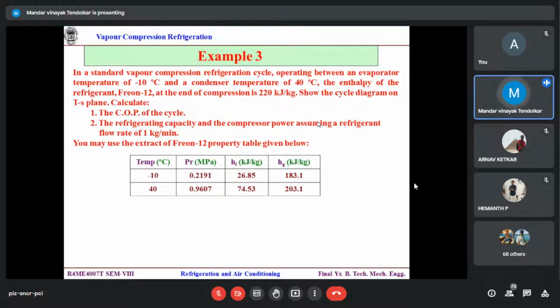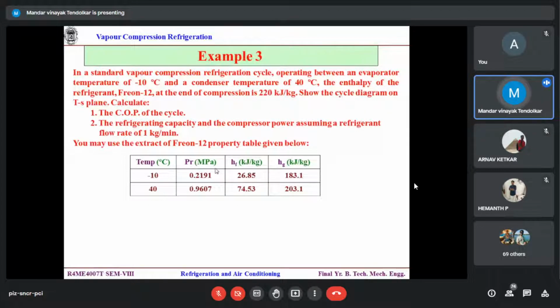Enthalpy of the refrigerant F12 at the end of the compression is 220. Okay, directly given. So your H1 will be Hg1, H2 directly given, H3 will be Hf3, and that is the same as H4. Show the cycle diagram on the TS plane, and then calculate COP, refrigeration capacity, and the compressor power for the given mass flow rate 1 kg per minute. Okay, and the table given.